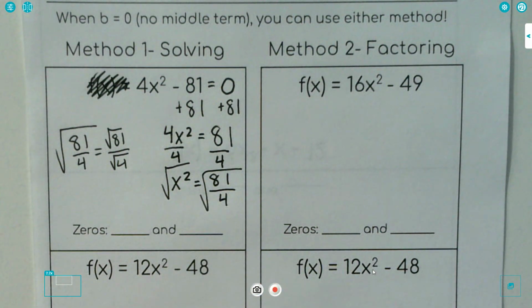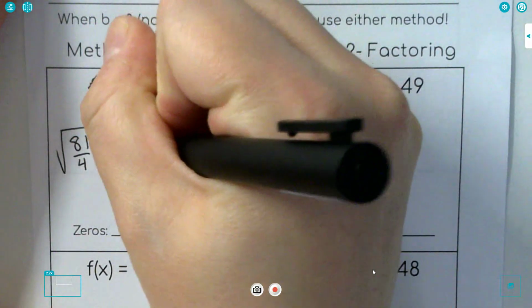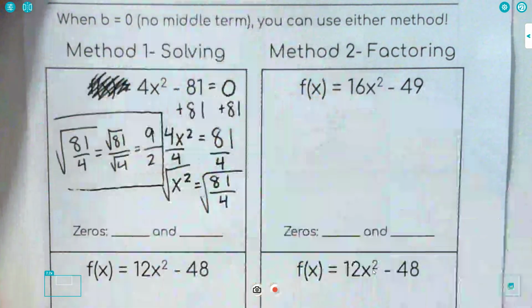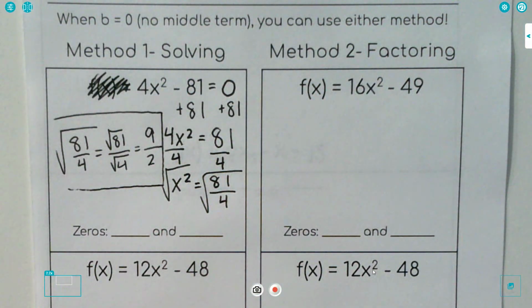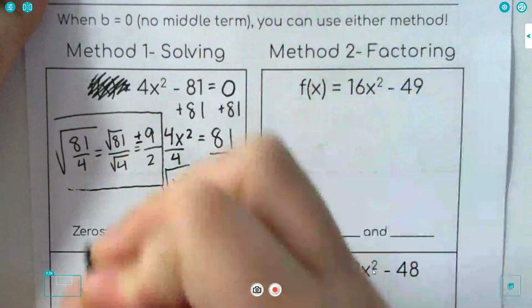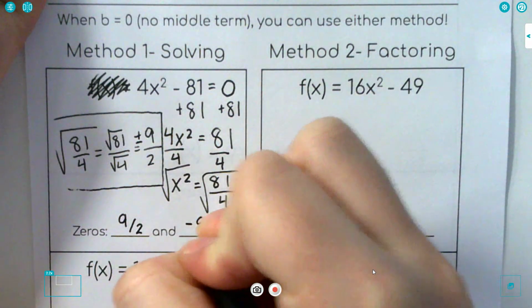What's the square root of 81? 9. What's the square root of 4? 2. Okay. But I need 2 answers. What are my 2 answers? My 2 answers are the fraction, one positive, one negative. So this would be that same plus or minus. So my 2 answers are 9 over 2 and negative 9 over 2.